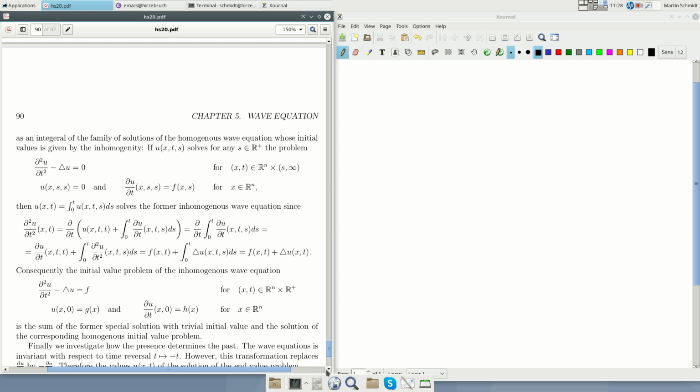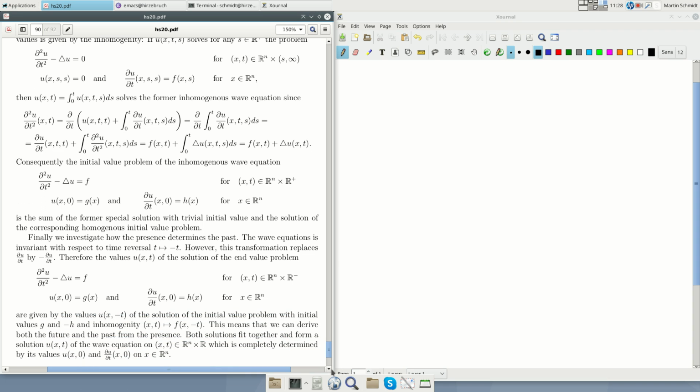So in this sense, the Duhamel principle reduces the solution of the inhomogeneous equation to, or derives solutions of the inhomogeneous initial value problem in terms of solutions of the homogeneous wave equation, like the method of variation of constants for ODEs.